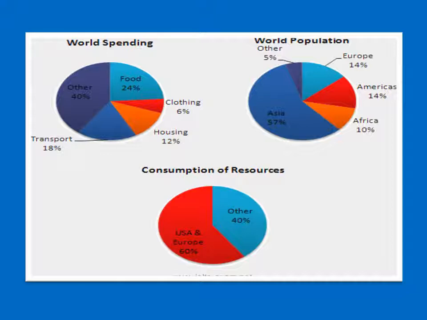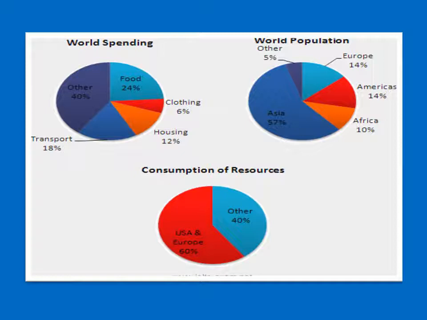If you have three pie charts, or two, you will be able to deal with them. As you can see, the three pie charts here. The first one, the title on top, is world spending. The second one on the right, world population, and the last one at the bottom, consumption of resources.